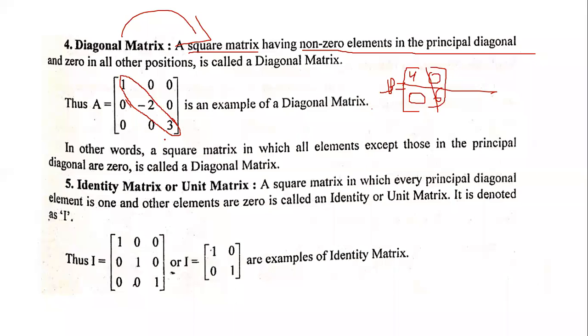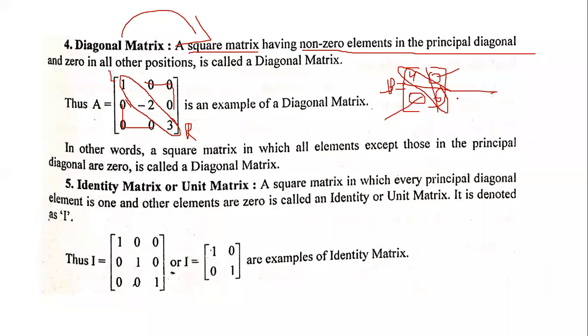The principal diagonal is this, from left to right. This principal diagonal should have non-zero elements and the rest of the elements should be 0. Even if you see this here, the principal diagonal has elements and the other 2 are 0. So this is known as a diagonal matrix.